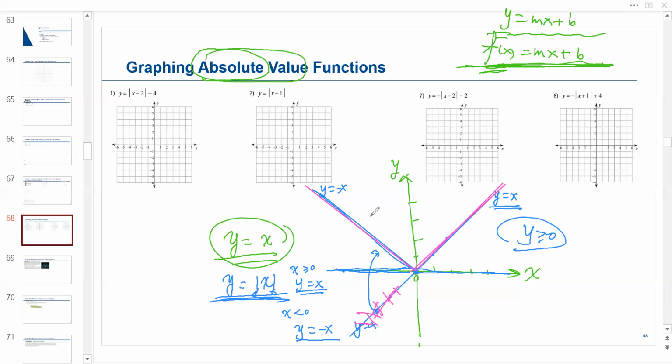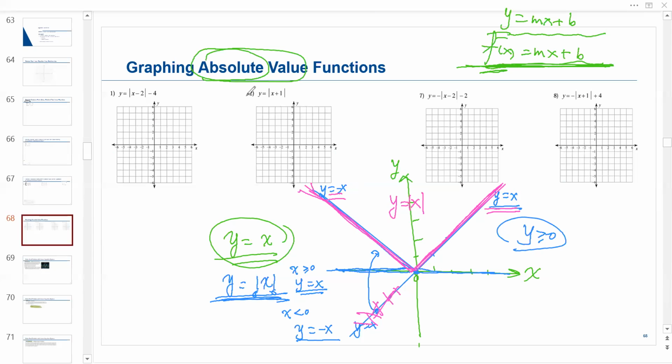So when you're graphing y = |x|, you graph it this way. It's not a straight line anymore. It's made of two parts: when x is less than 0 it is y = -x, and when x is greater than or equal to 0 it is y = x.